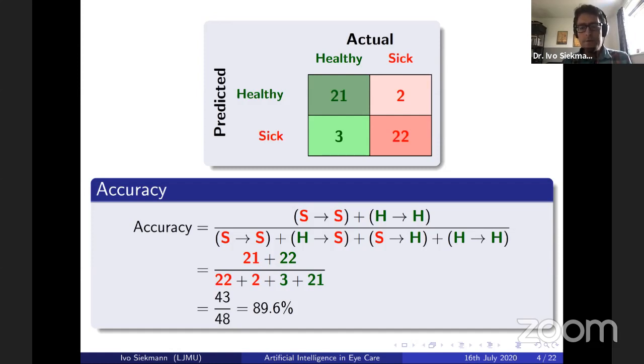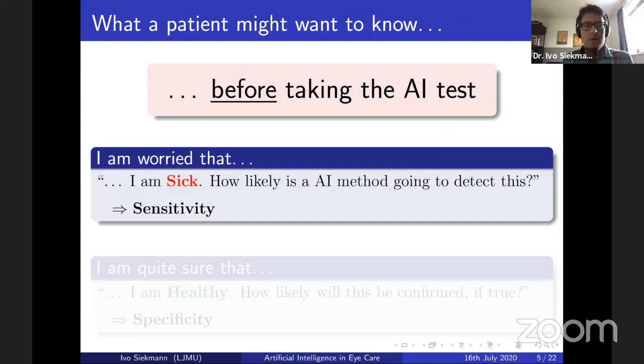Now, the overall accuracy is something that is good to know, but of course, in detail, there might be more specific questions that patients might be interested in. So before a patient lets an AI method determine if they are healthy or sick, they might ask questions like, well, I'm worried that I am sick, and how likely is the AI method going to detect that I am actually sick?